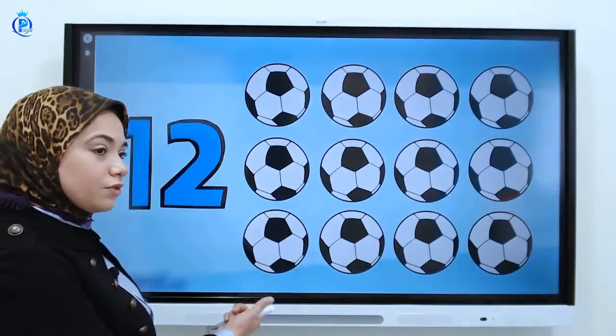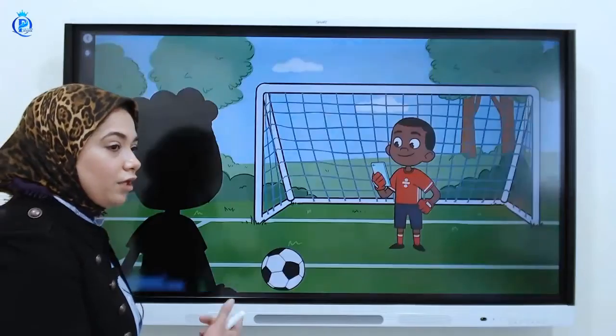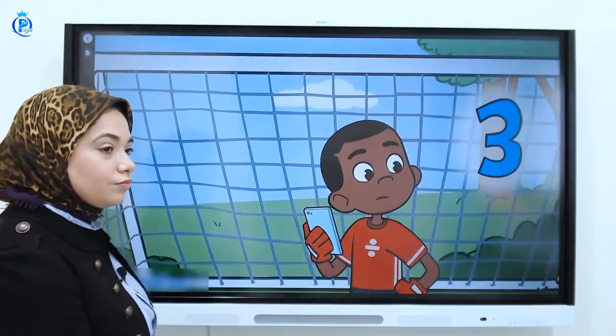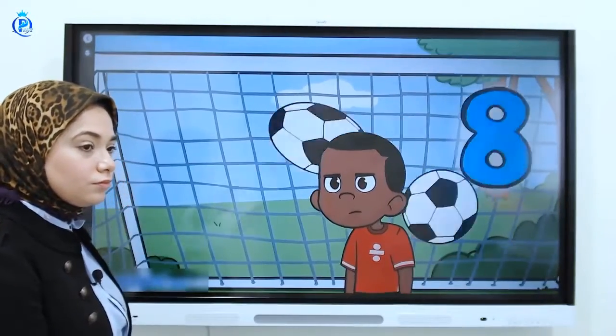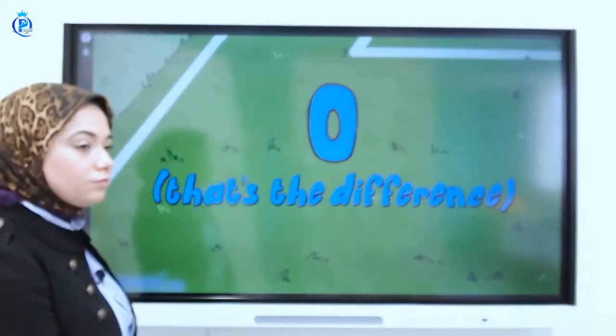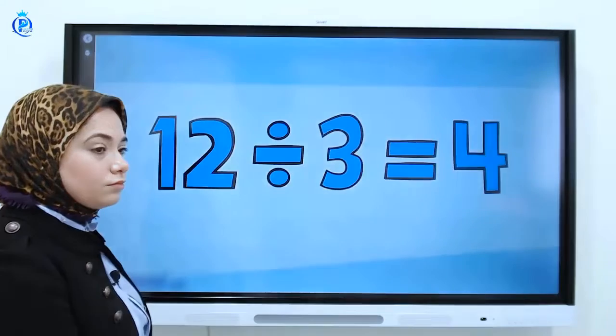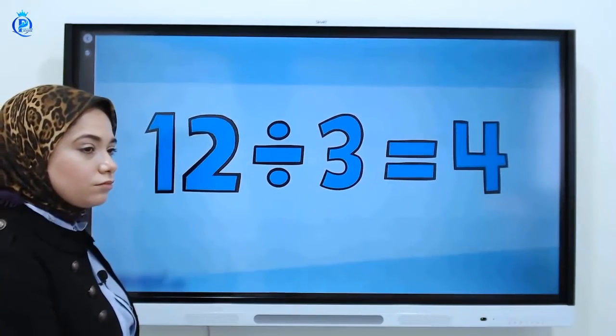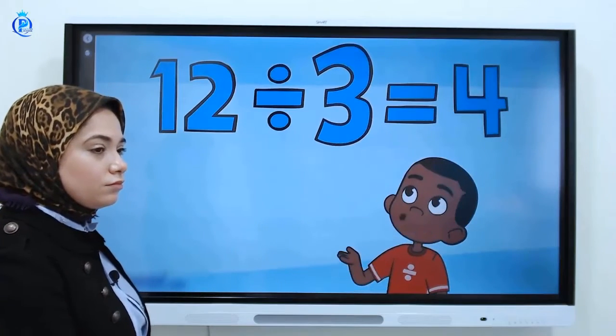Four groups of 3, 12. Then again and again, it was a perfect set. Now 0 balls are left. And we can show this as a division sentence. 12, that's how many soccer balls.